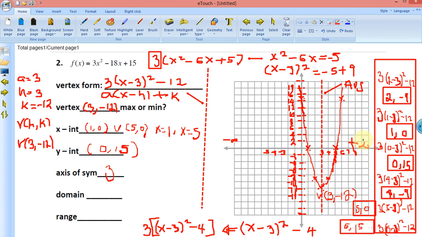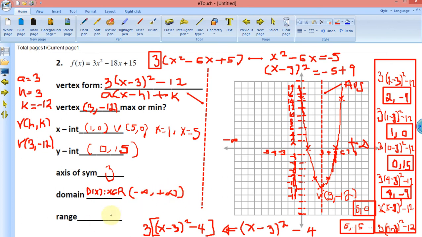So the domain D of x is a set such that x belongs to R, the set of all real numbers, and it is an open set, minus infinity to plus infinity. I don't even need to write all those, just minus infinity to plus infinity is okay.